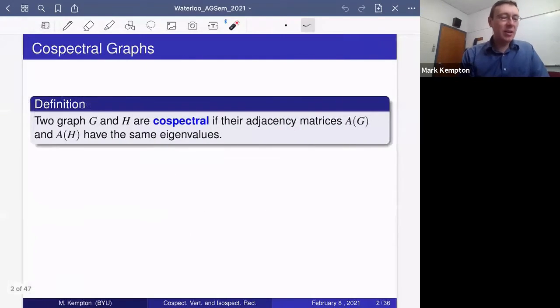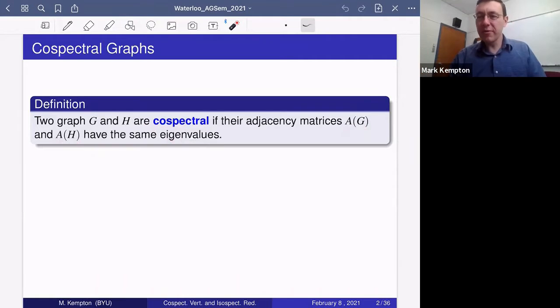I'm going to start off with a definition that I suspect most of you are pretty familiar with. We say that two graphs are cospectral if their adjacency matrices have the same eigenvalues. The study of cospectral graphs is a pretty big area in spectral graph theory.